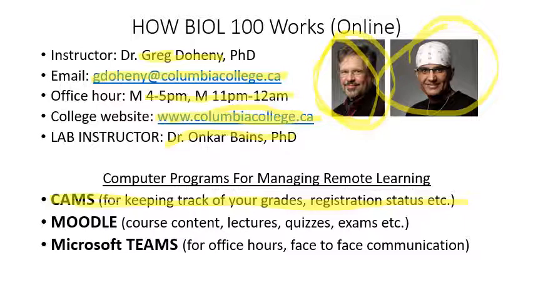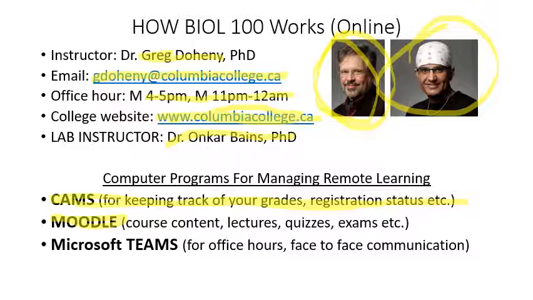All right, now the main computer program that you'll be using to learn in this course is called Moodle. Moodle is what's known as a classroom management system. It is a computer program that puts all of the learning materials for the course onto a website, a single web page with links on it.